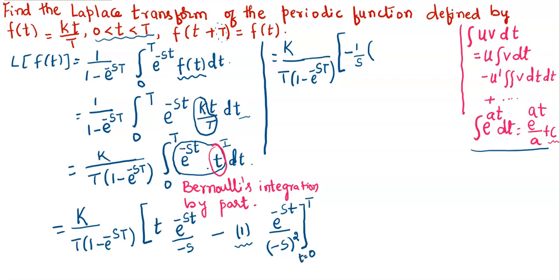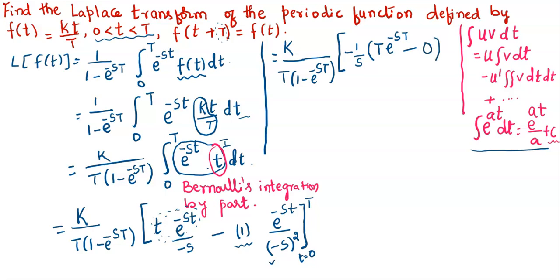Let me apply the upper limit first. Wherever we have a t for this function, you have to replace it by the upper limit, that is capital T into e to the power of minus s into capital T, minus the lower limit. The lower limit is 0, and 0 into anything is 0.